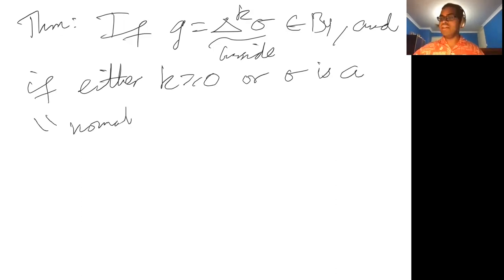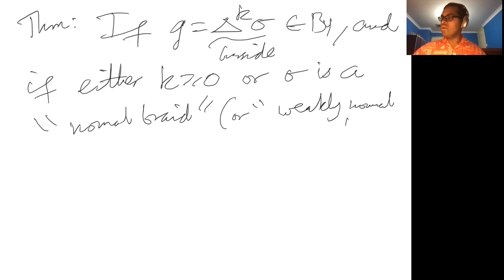I haven't defined it yet, but I'm just going to state the result. So sigma is a normal braid or a weakly normal braid. This is even more general than normal braid. So under these conditions, you can say that G is not in the kernel of the Burau representation.